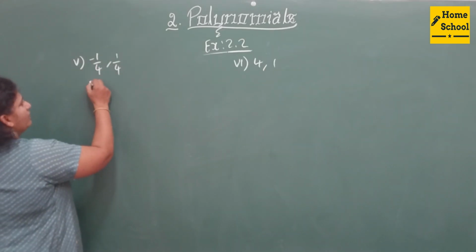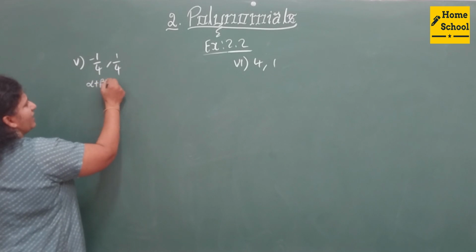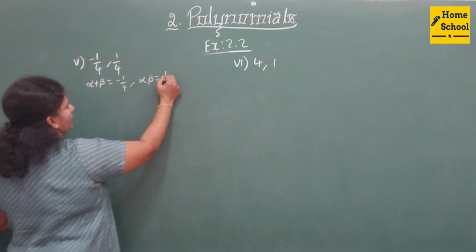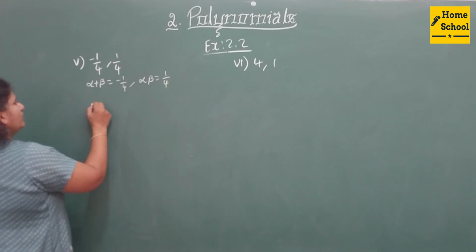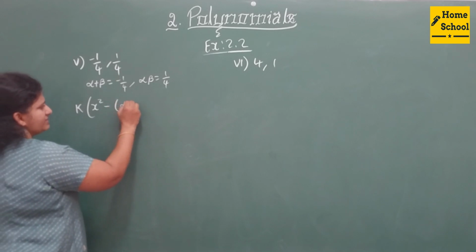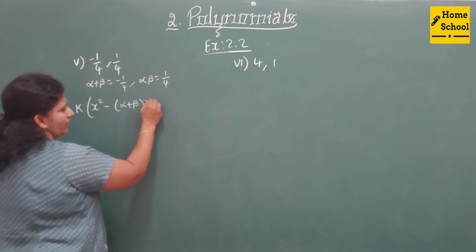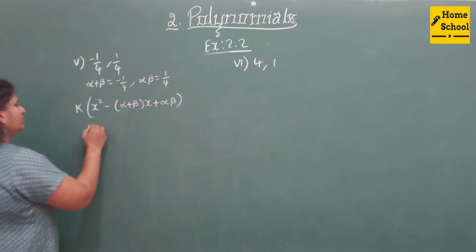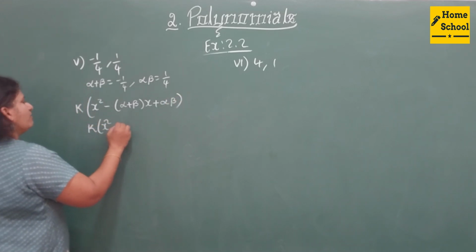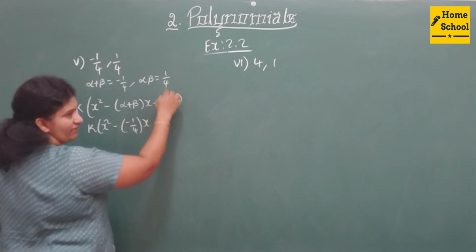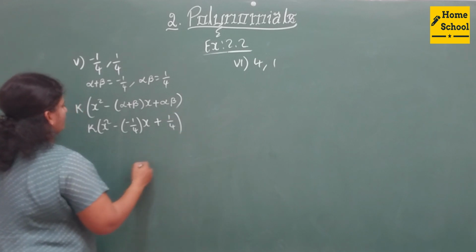Fifth problem, given alpha plus beta is equal to minus 1 by 4, alpha beta is equal to 1 by 4. K into x square minus alpha plus beta into x plus alpha beta. Substitute the values. K into x square minus of minus 1 by 4 into x plus alpha beta value is 1 by 4.